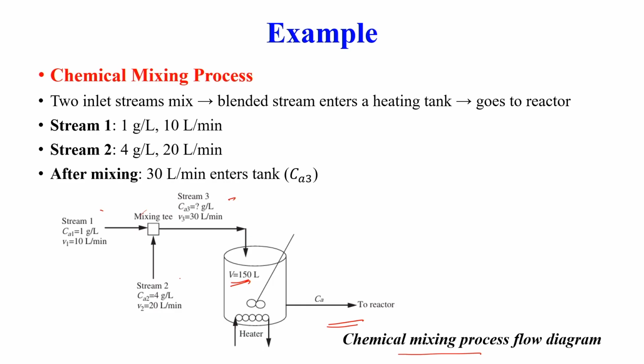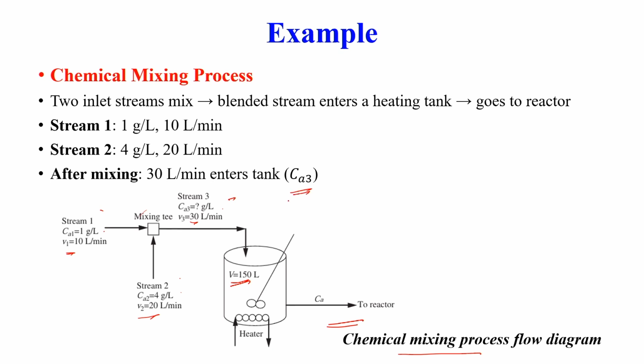So, what is coming? V1 is coming at 10 liters per minute, V2 is coming at 20 liters per minute, and then V3 becomes 30 liters per minute. You sum 10 and 20 and it becomes 30 liters per minute. Now, what is the concentration of A here? Here 1 gram, here 4 grams, and Ca3 we need to quickly find out.